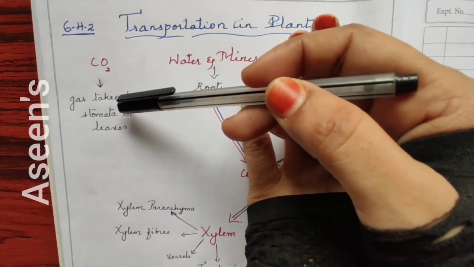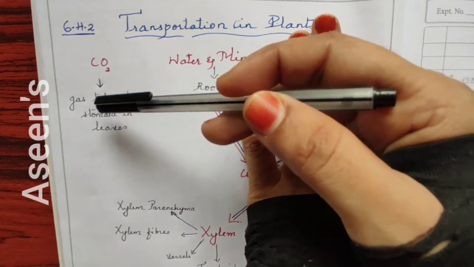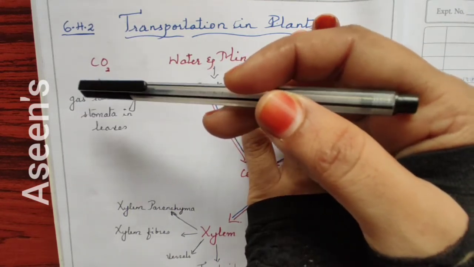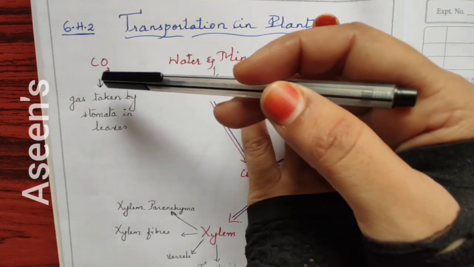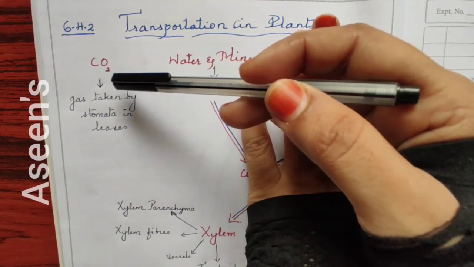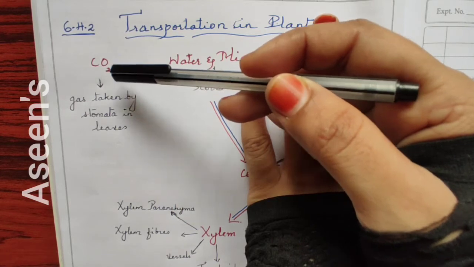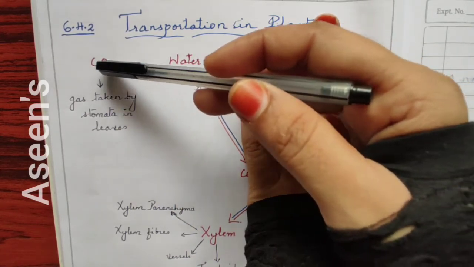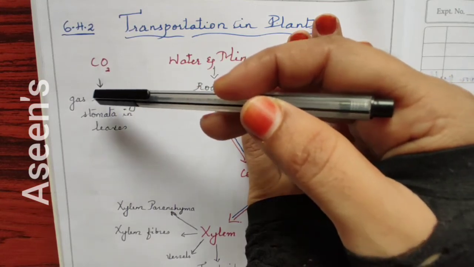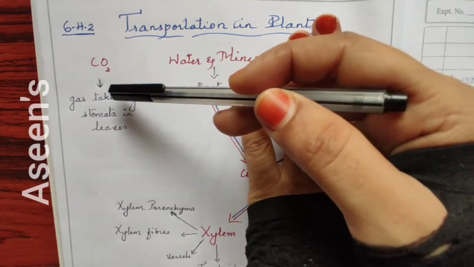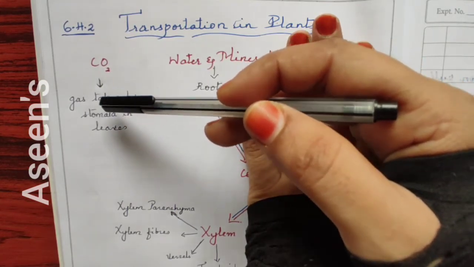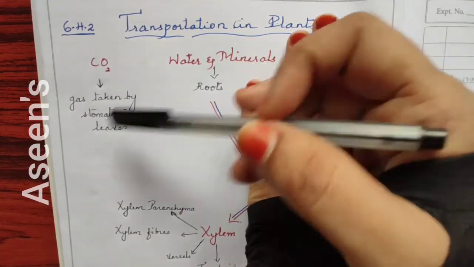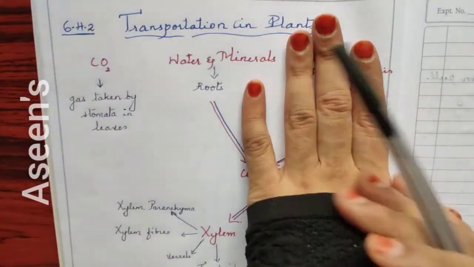After being taken in, this carbon dioxide need not be transported to any part of the plant body, since it is utilized for photosynthesis, which is also carried out in the leaf. So there is no need for transportation of carbon dioxide, and I'll leave it aside.